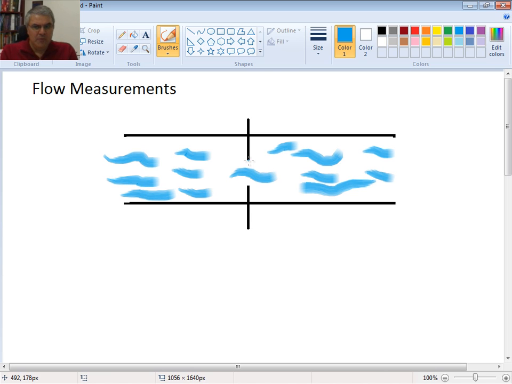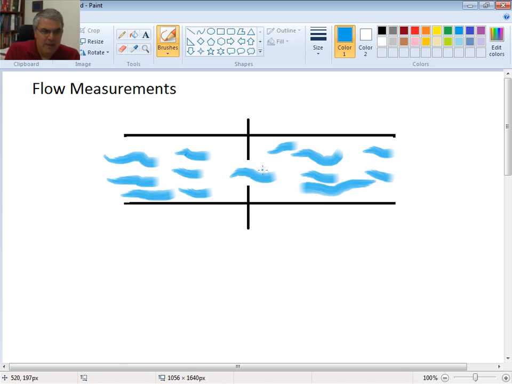It could also be within a pipeline that I just drew the cross-section of, or it could also be an open channel flow. That's also a possibility, and that also can be measured by the same type of principles. Of course, there'd be some differences.